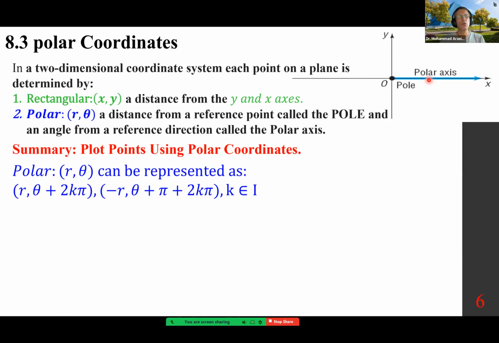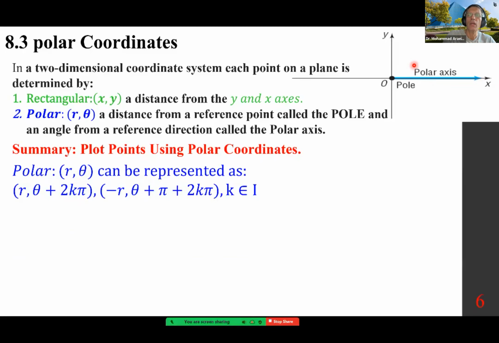So here's the summary of the section. Polar: any point, any coordinate is represented with (r, theta). And that can be represented infinitely many different ways. How? If you add multiples of 2 pi, 2k pi or 2n pi, that's the same point.